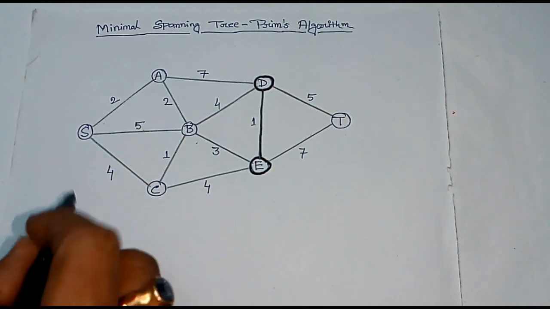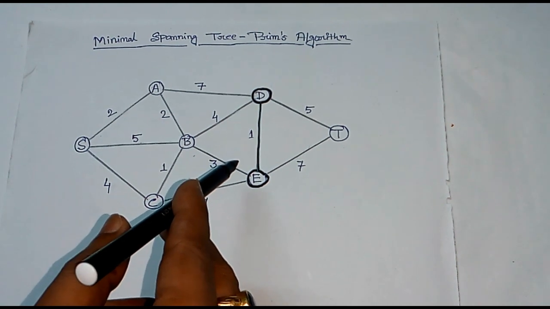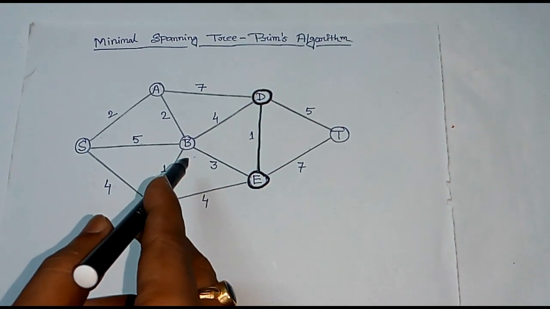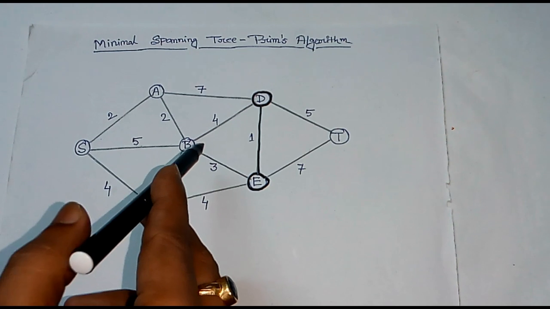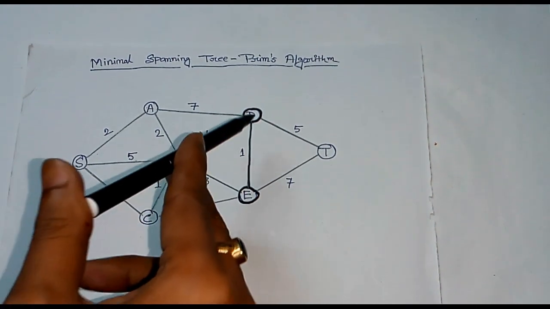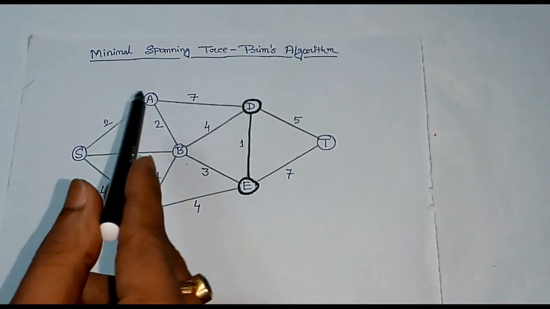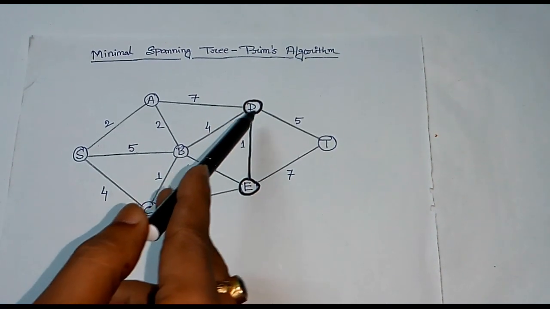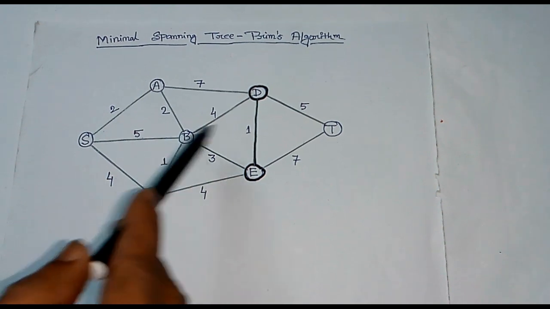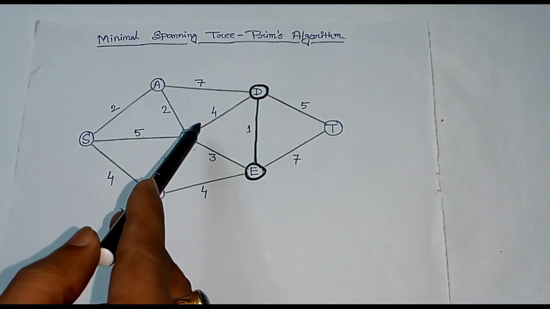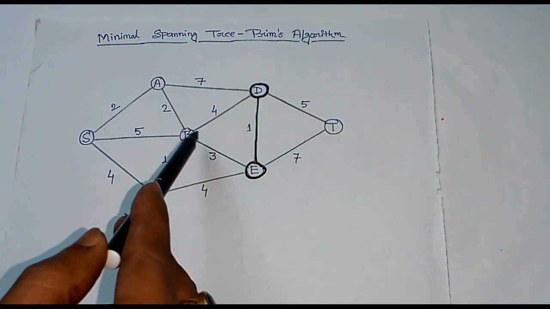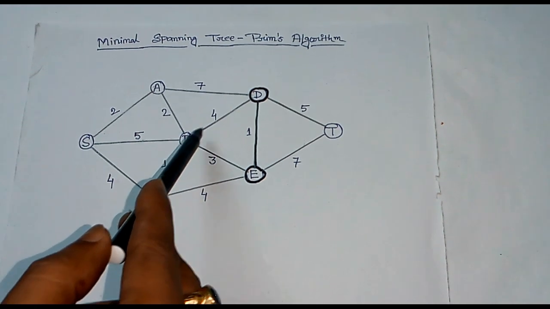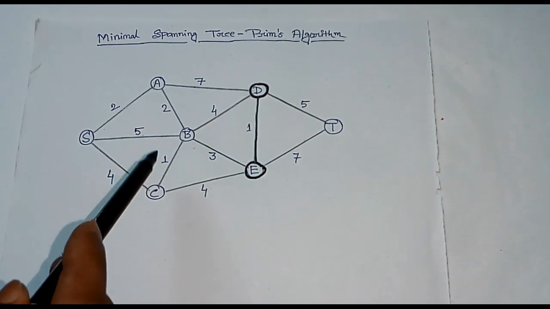Now we have selected 2 vertices D and E, and all the remaining 5 vertices are yet to be selected. In the next step we have to find the vertex which is nearest to any of these 2 selected vertices. Here you see that there are 3 vertices which are connected to D, and these are A, B and T. And the nearest of these 3 vertices is B, which is 4 units away.